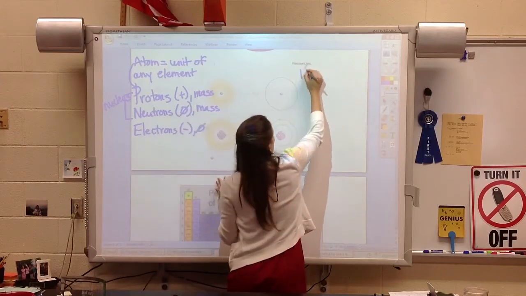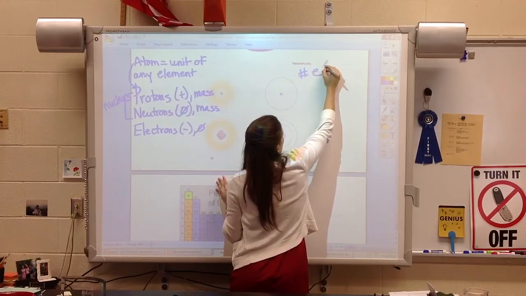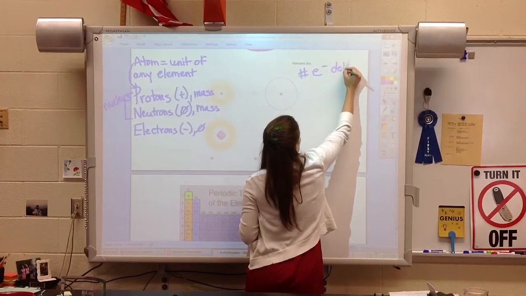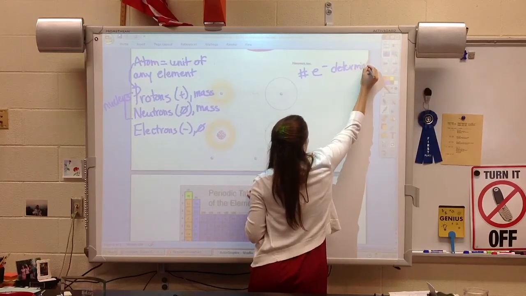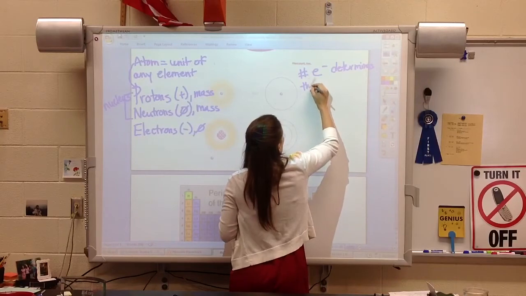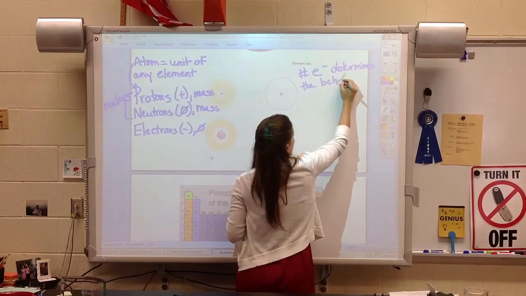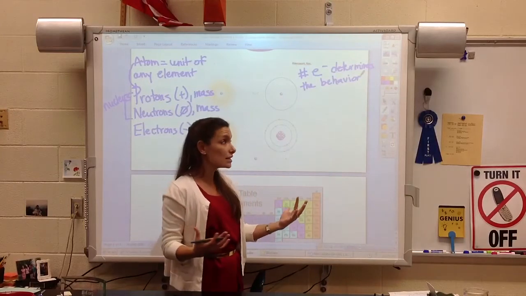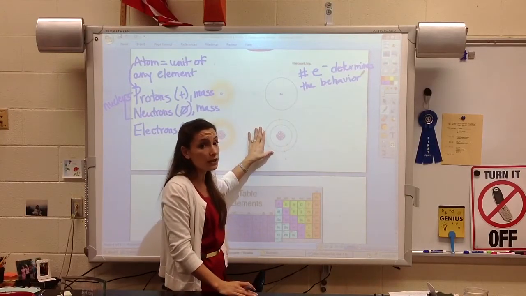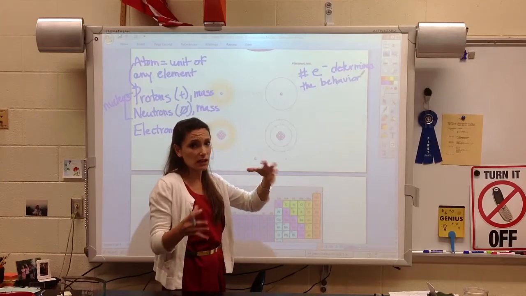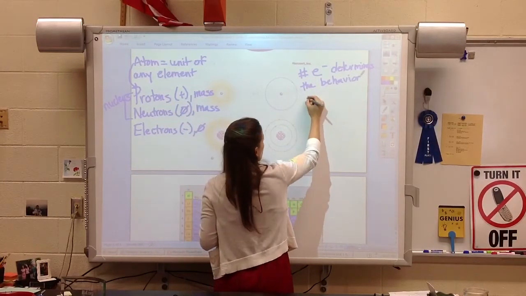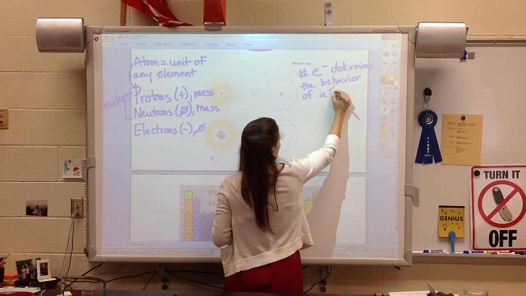So the number of electrons, which we can abbreviate with e negative, determines the behavior. We don't necessarily want to give atoms human traits. We're not going to anthropomorphize it, but they do behave, they do interact in certain ways. And so the number of electrons determines the behavior of the atom.